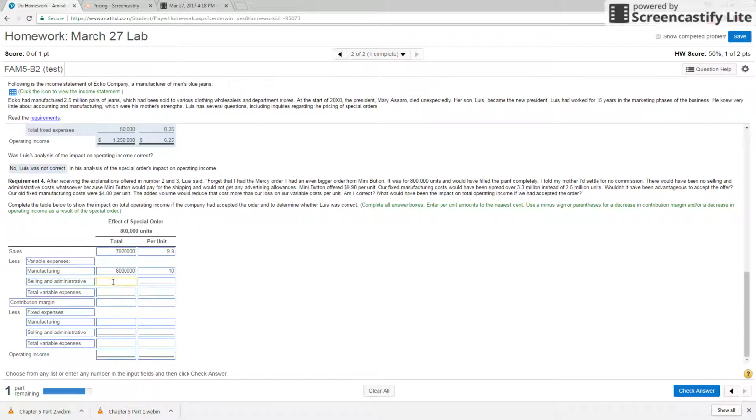Selling and administrative, this time he's saying he settled for nothing. For the selling and administrative, the question says that there won't be any. So there won't be any selling and administrative costs whatsoever because Minibutton would pay for everything. So $0 for each.